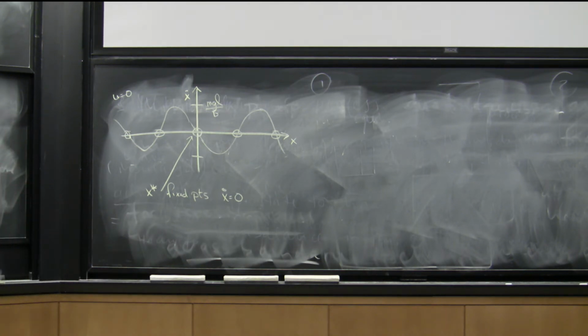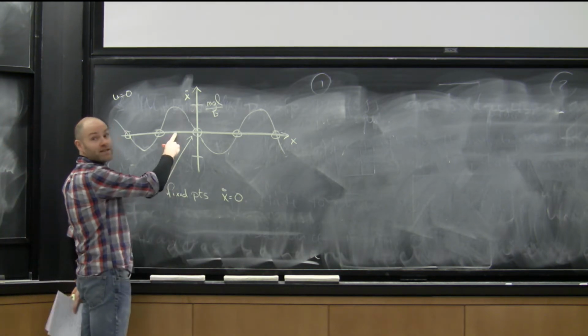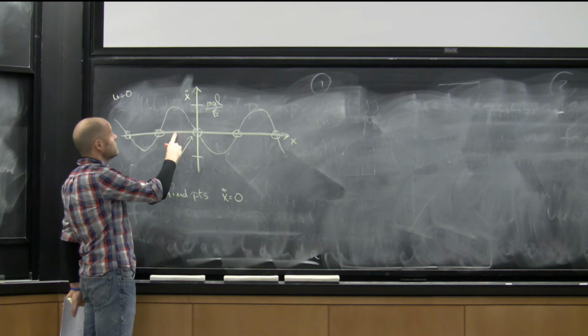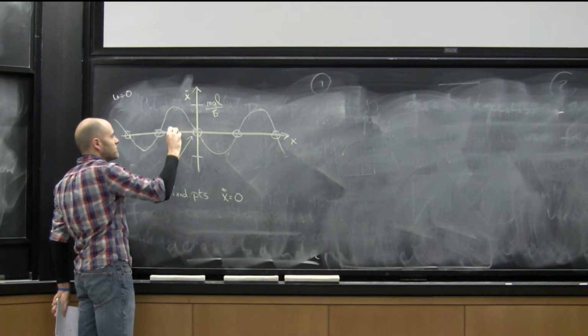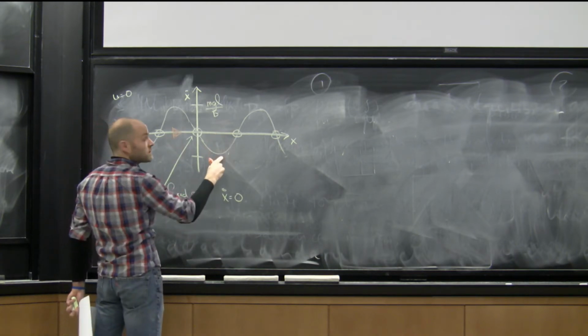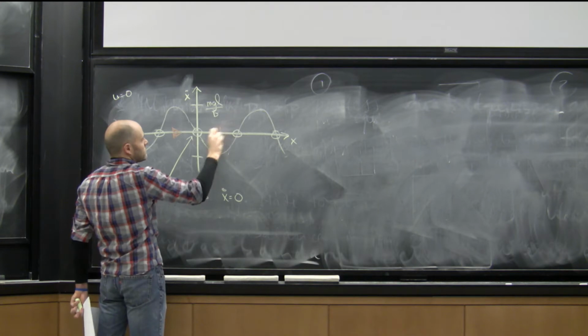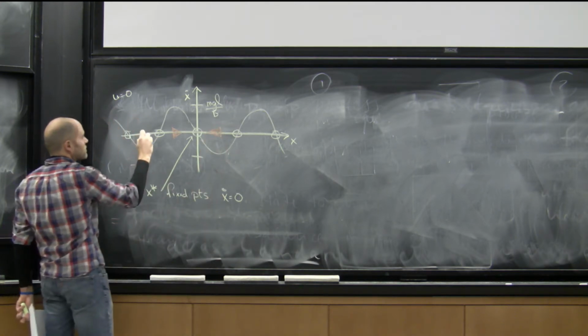I can instantly say something about the stability of those fixed points. So what happens if I'm over here? The velocity is positive, so x is going to move that way over time. If I'm over here, the velocity is negative, so it's going to move that way in time, and so on and so forth.